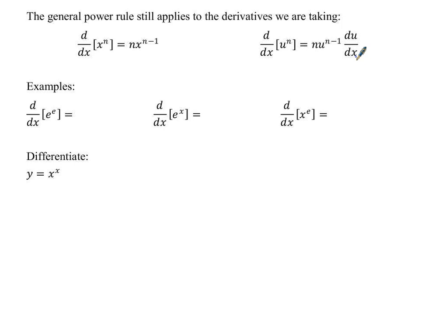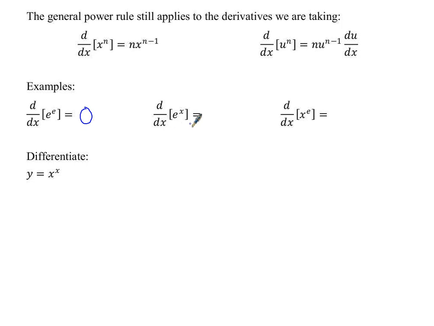So if I take the derivative with respect to x of e to the e, what do I get? Nope. What is e? A number. This number here. So we have a number to a number, which is a number, and the derivative of a number is 0.